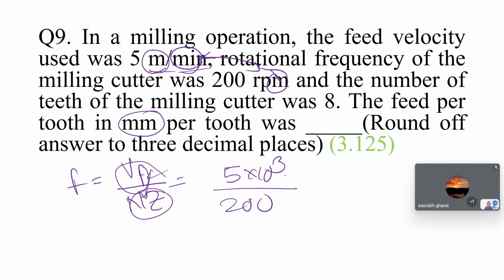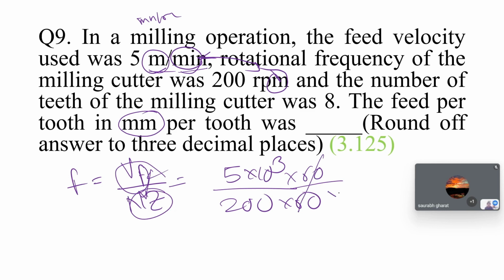So let me take it here and show you by doing that. So 5 times 10 raised to 3. Now it becomes millimeter per second, and again your RPM is per minute, so you again divide by 60. So this 60 will be cancelled, so anyhow it's of no use.